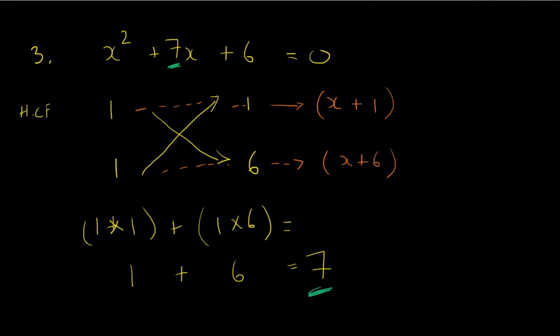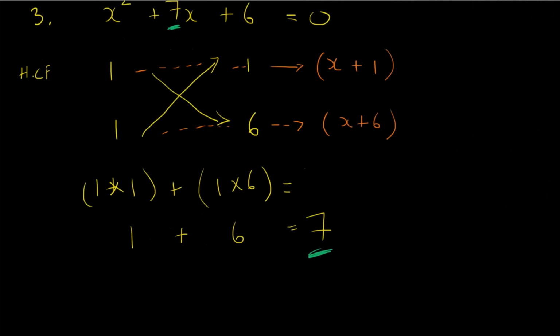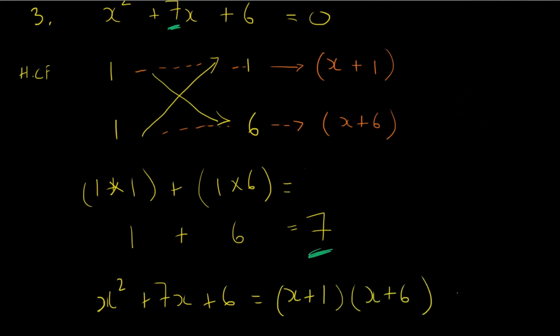So, ladies and gentlemen, I can write out this equation again as x squared plus 7x plus 6 is equal to (x plus 1)(x plus 6). I made that equal to 0.